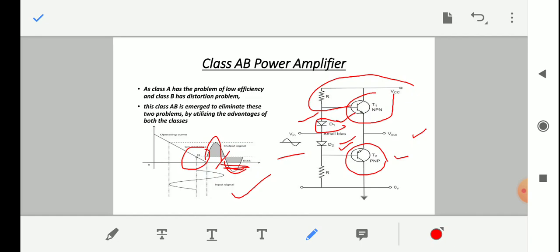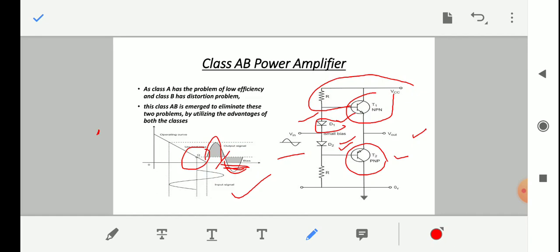At that time, transistor T2 is continuously conducting, so the output is received for greater than the half cycle of the input signal. And once the input is below minus 0.7 volt, diode D1 will conduct, and similar operation is obtained from the transistor T1.